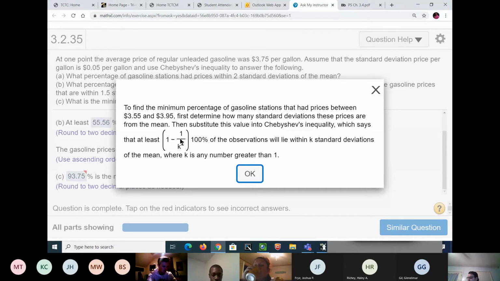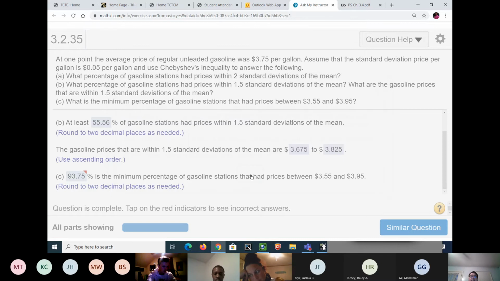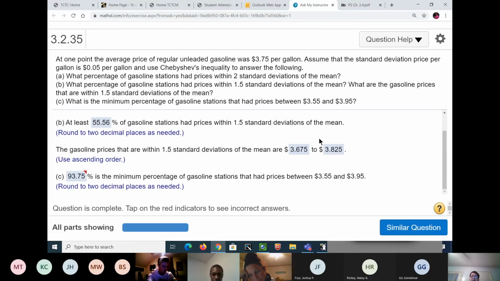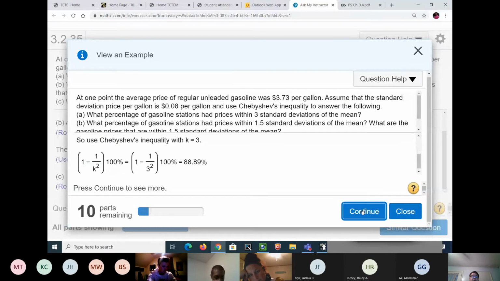Negative 2.2 to 2.2. 2.2 and 2.2 is 4.4. So I don't understand how they're getting that answer. I want to see how they get that 93 point.